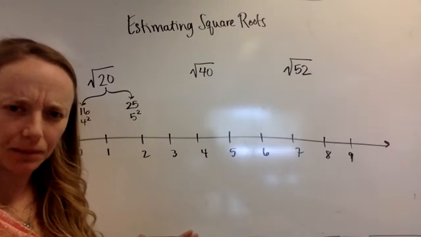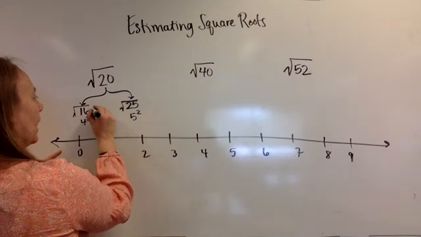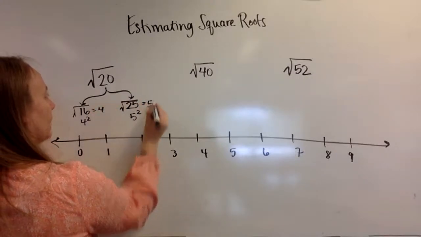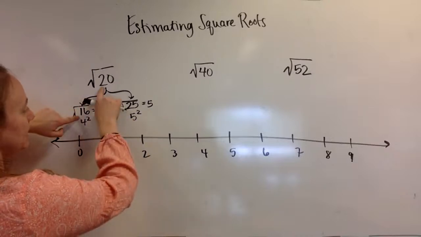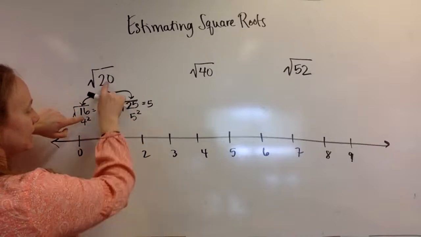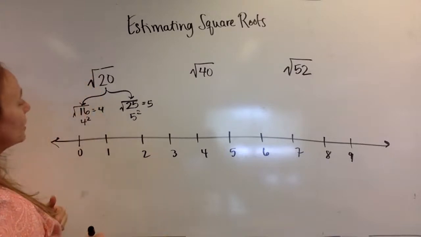Do you guys agree with that? If I take the square root of 16 versus the square root of 25, I get 4 and 5. So the square root of 20 is between 4 and 5 because 20 falls in between 16 and 25. Yeah? We're good? Cool. Awesome. So it falls in between those two.